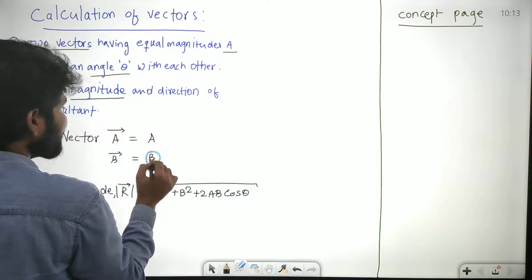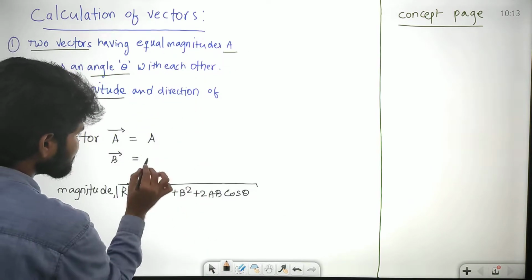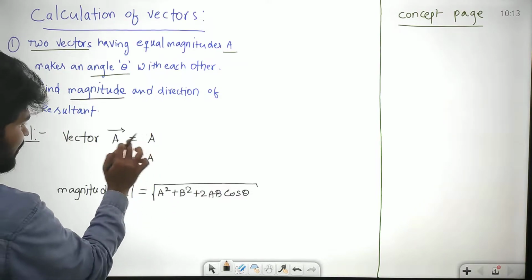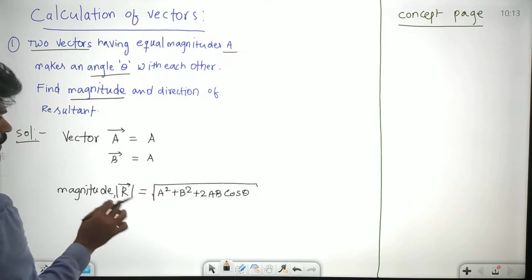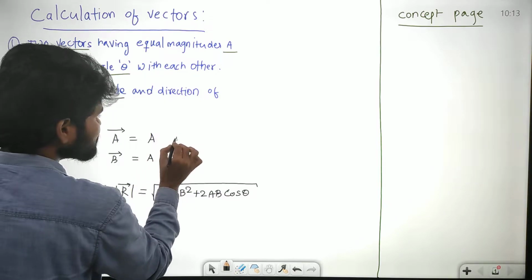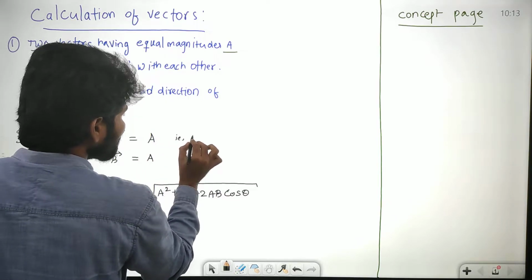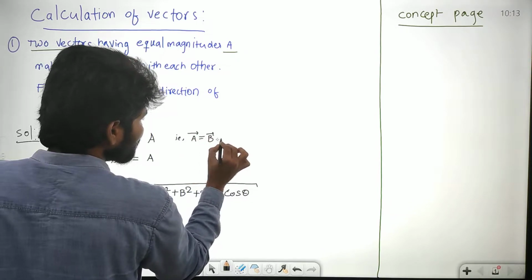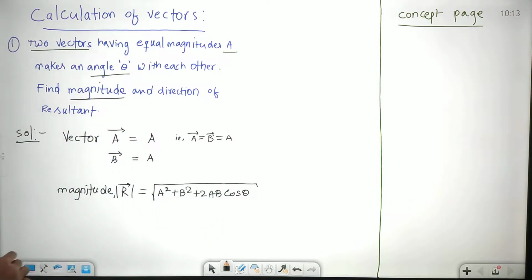This magnitude is also a, right? So magnitudes are the same. Vector A equals vector B, having the same magnitude. So in the place of a and b, we have to substitute a values. Then we need to solve the equation.